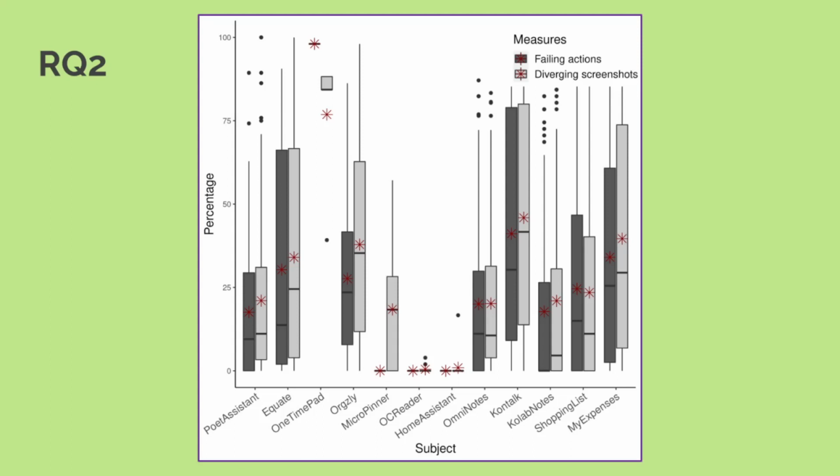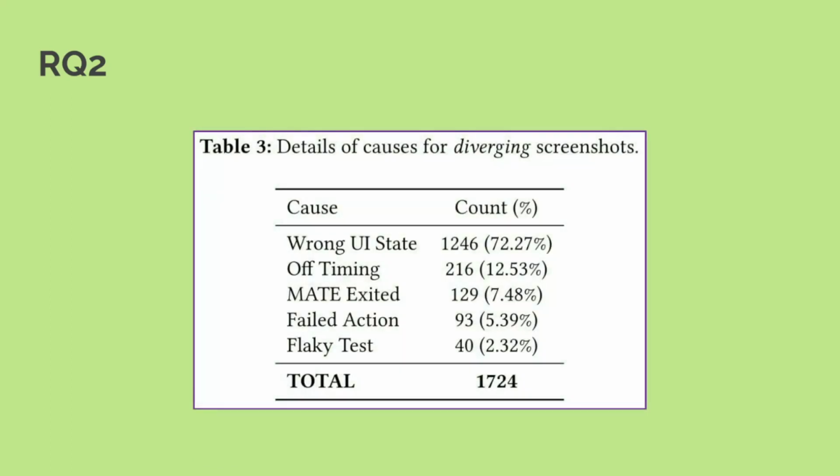Given the high number of diverging screenshots found, we decided to perform a more detailed qualitative analysis. Now this table summarizes the causes observed for the diverging screenshots. The main cause observed is wrong UI state, meaning all the screenshots that are different as a consequence of a previous divergence in the test.